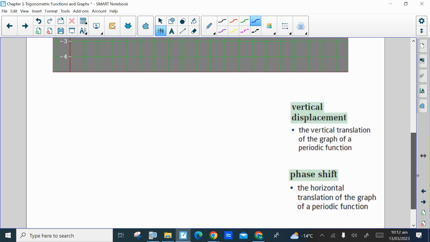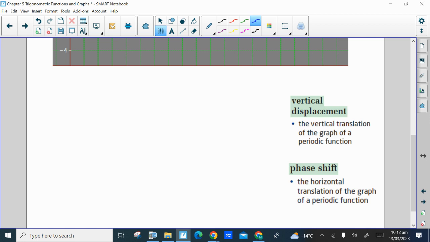Now, at the bottom on the right, vertical displacement means the vertical translation of the graph of a periodic function. So that term vertical displacement is only used when you're talking about sinusoidal functions. And in this case, because you've got that plus 3 at the end, that's our k value, that's the part that shifts the graph up and down, we will have a vertical displacement of 3 units up.